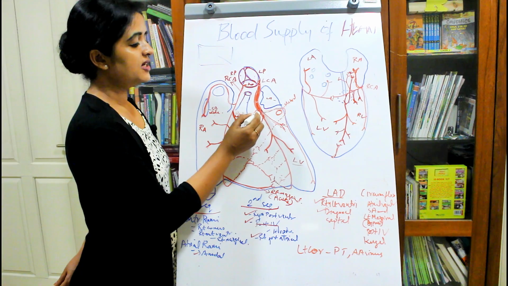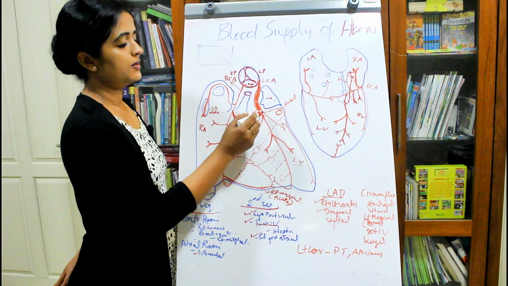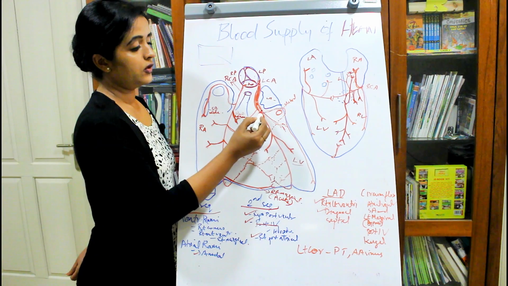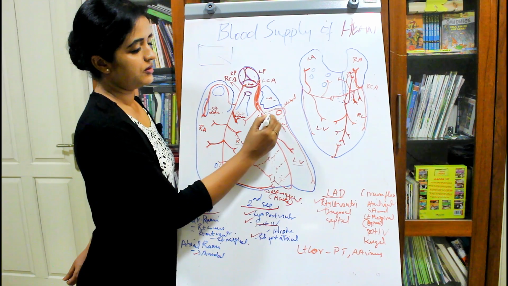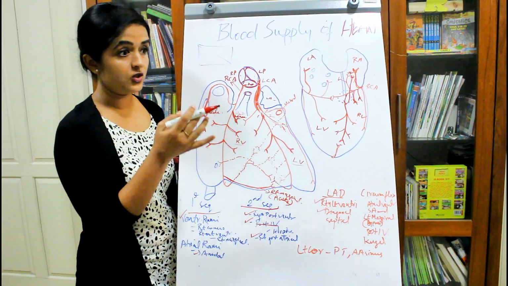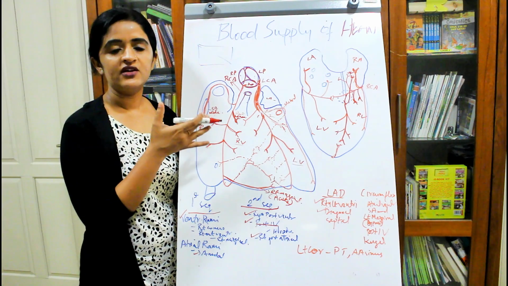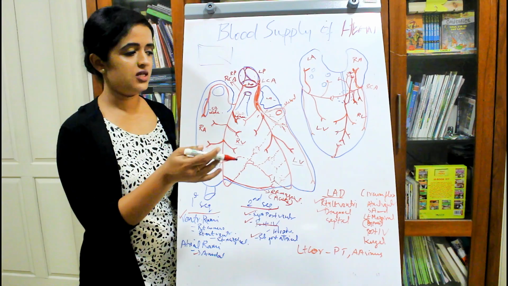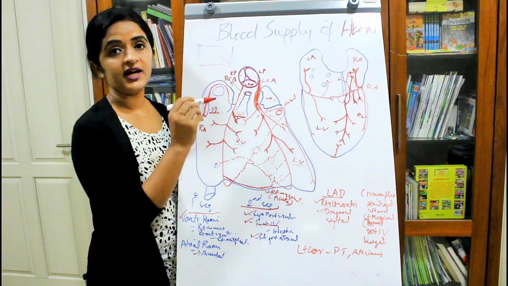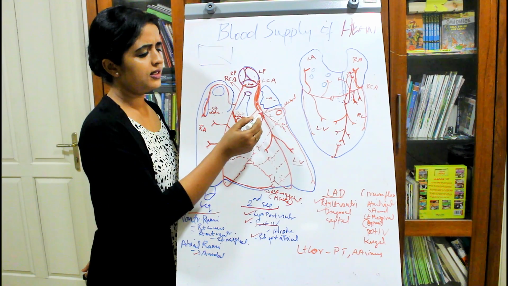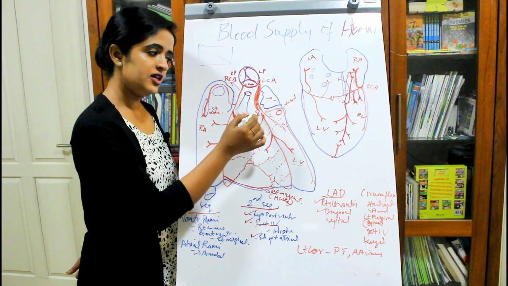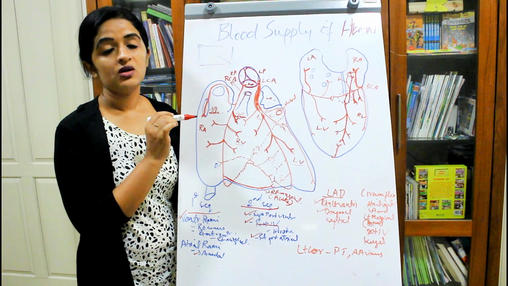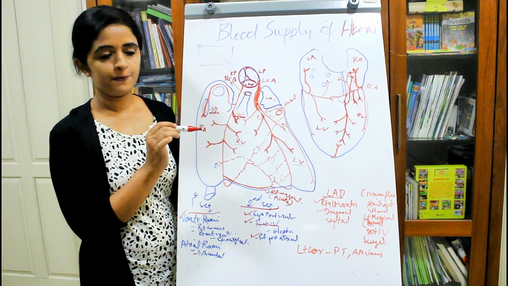If you get the diagonal artery, then you can say that the left coronary artery is trifurcating: this is the first branch, this is the second branch, and this is the third branch. It looks like trifurcation because the diagonal artery arises exactly at the junction of the circumflex and the left anterior descending. So this condition is known as trifurcation of the left coronary artery.